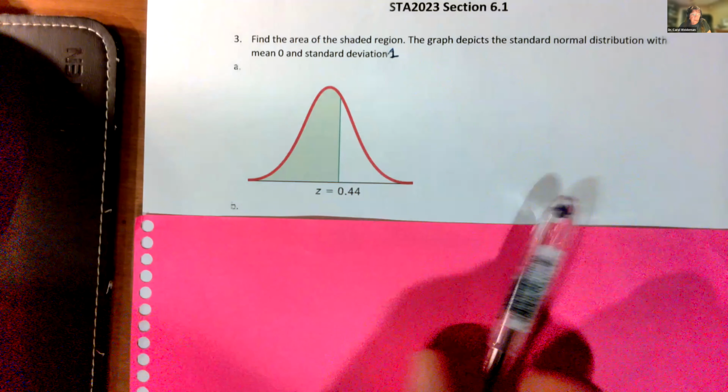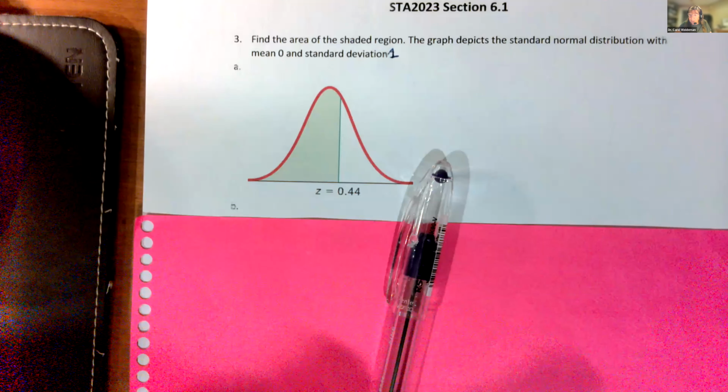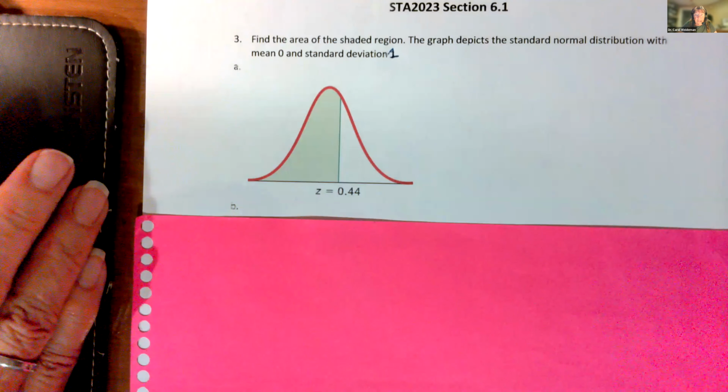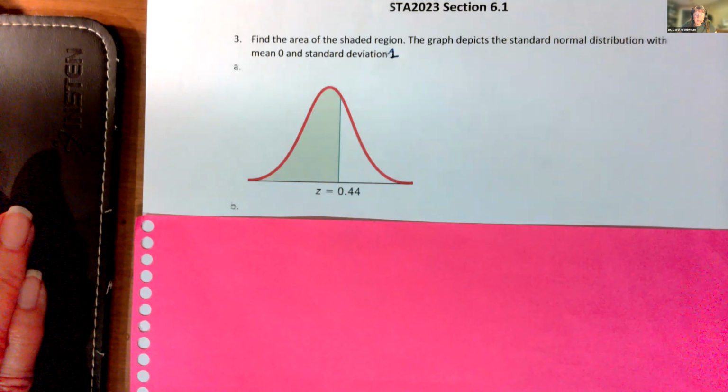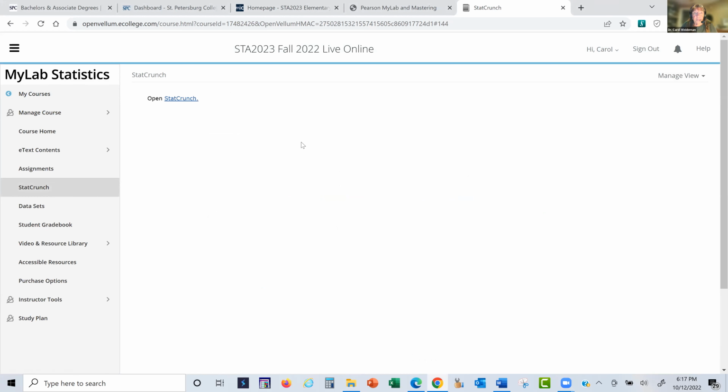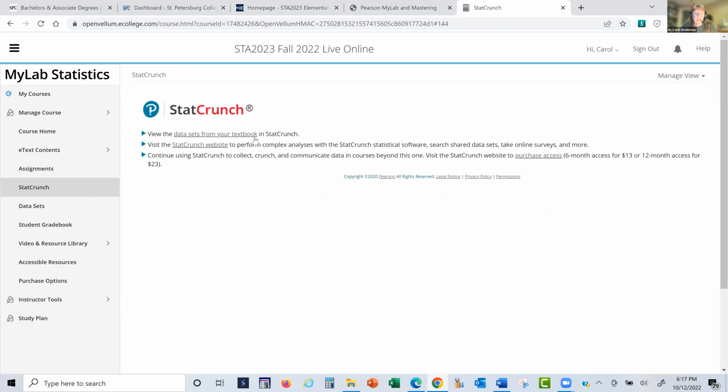Okay, so what I'm going to do is use the handout electronically so I don't have to keep switching. Because, okay, I need to get to StatCrunch. So let's go over here. And I guess I don't have my StatCrunch tool anymore. Okay, so let's open up StatCrunch. And I'm just going to open up a blank sheet.